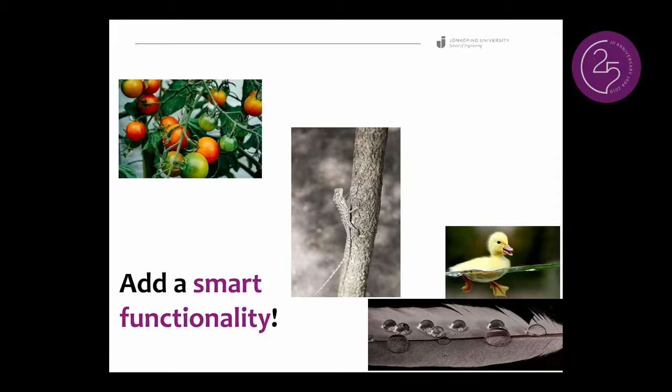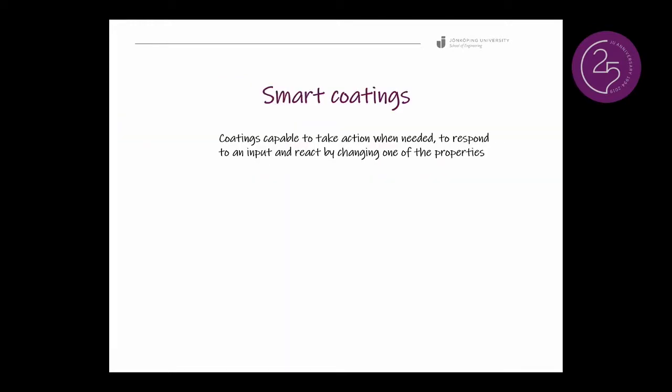I would like to give you an example of what type of functionality we can develop. And because this is the era of smart things, smart watches, smart phones, smart TV, so why not have smart coatings as well? We don't want to be left behind. So this new field of smart coatings is the field where coatings are created capable to take action when needed, to respond to a trigger, to an input, by changing one of their properties.